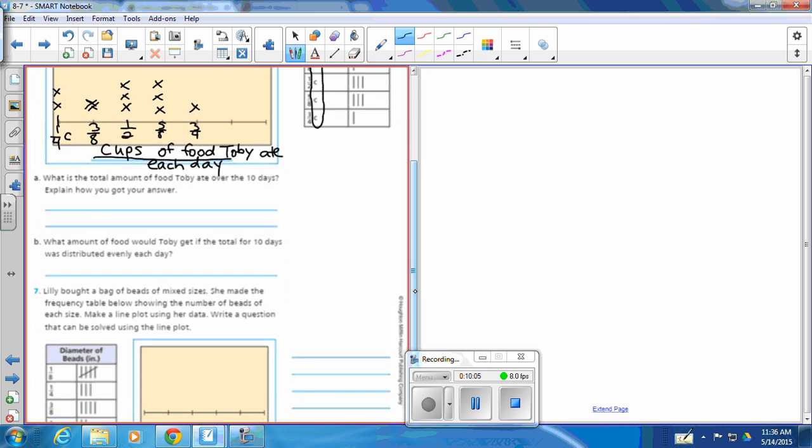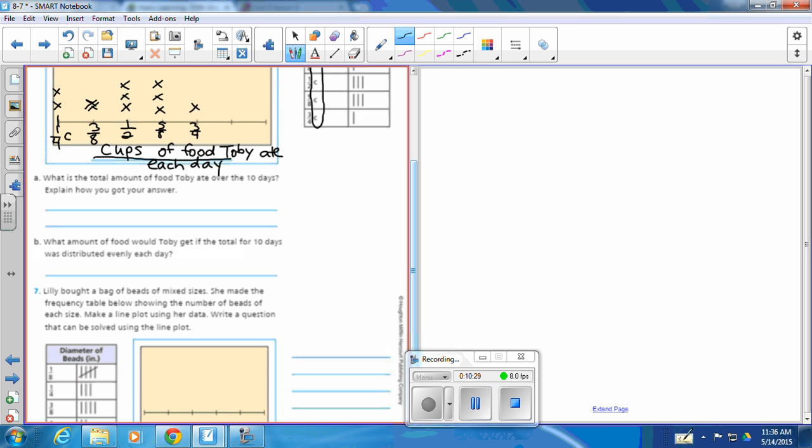Okay, so let's look at some of the questions. For A, what is the total amount of food Toby ate over the 10 days? Can we figure that out? How would we figure that out? Okay, so we convert everything to eighths, so we have the same denominators. And then what?